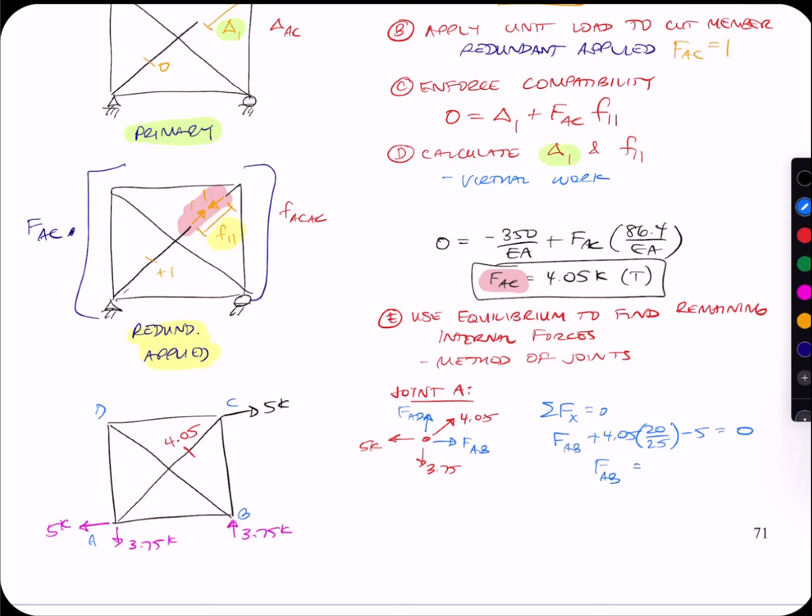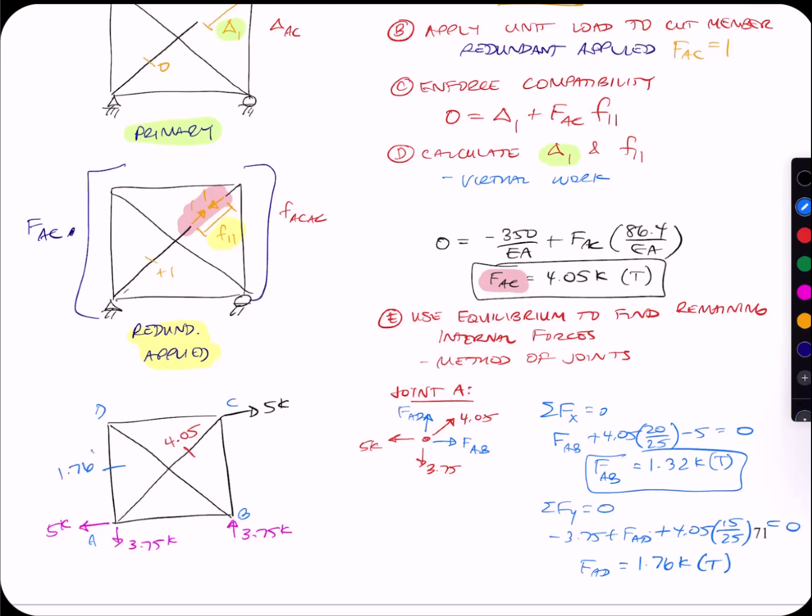So I get force AB is 1.32 kips in tension, and so my forces in Y: minus 3.75 plus force AD plus 4.05 times 15 over 25. Force AD is 1.76 kips in tension. So this is 1.76. This one is 1.32.